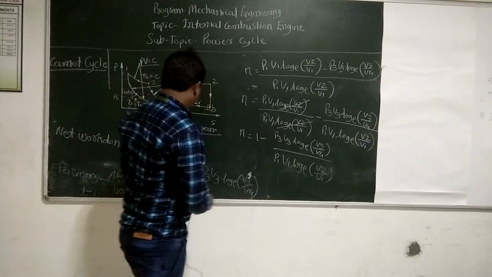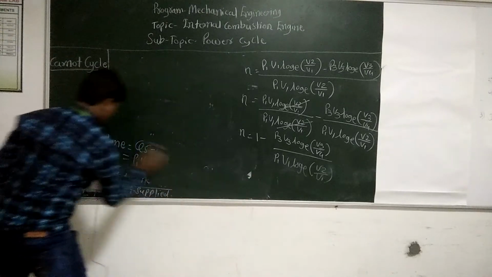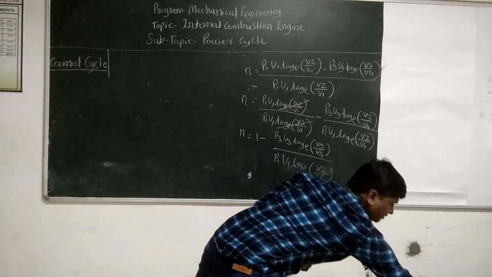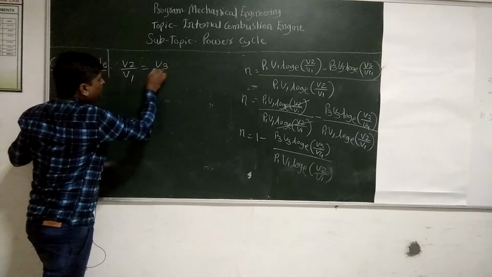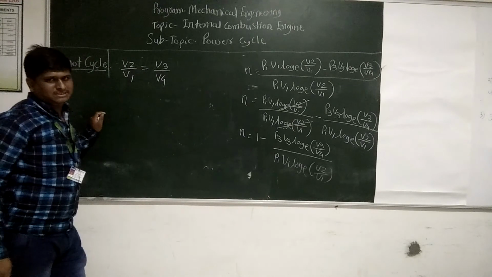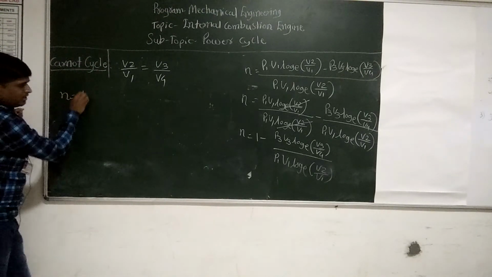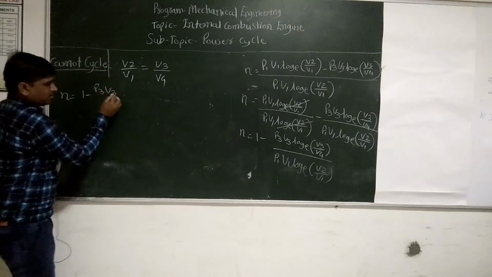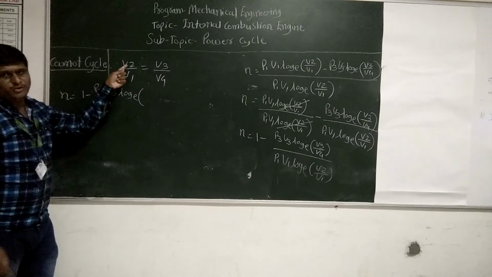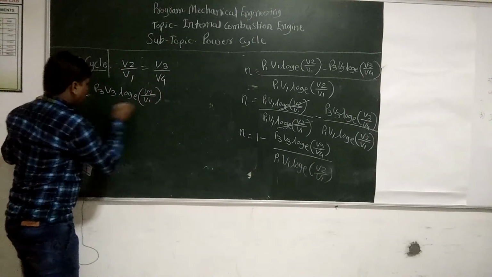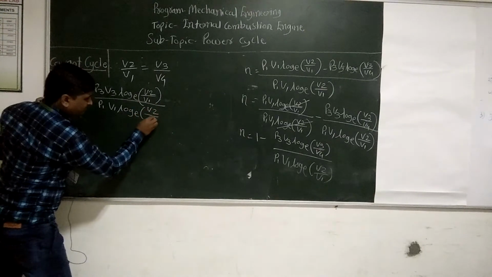Now we know that V2 upon V1 is equal to V3 upon V4 by the help of the Carnot cycle, so V3 upon V4 is replaced by V2 upon V1.